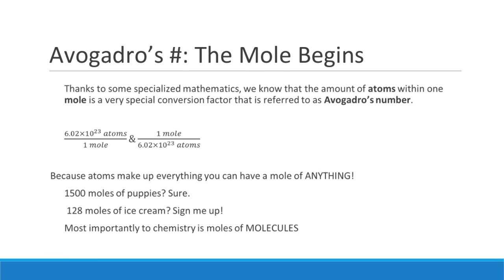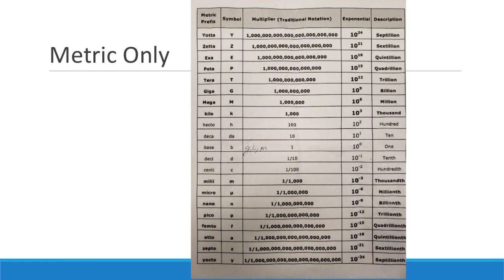So if you recall, when we were talking about yada, that was up at 10 to the 24, so only one step higher than that. It would be 602 sextillion atoms in a mole, which is, you know, a massive amount.